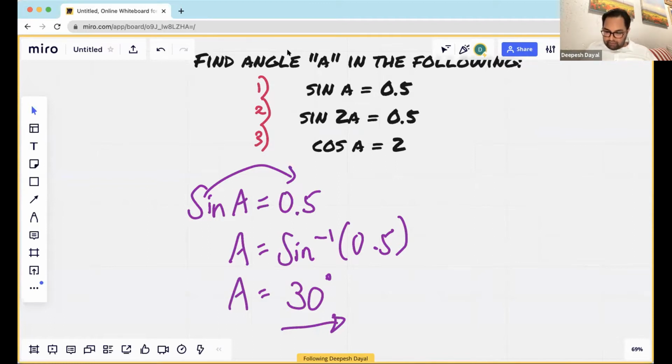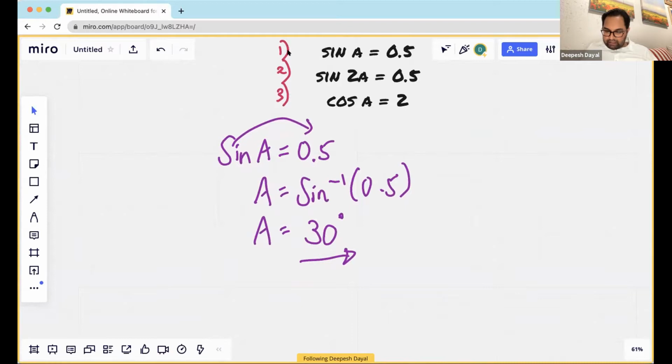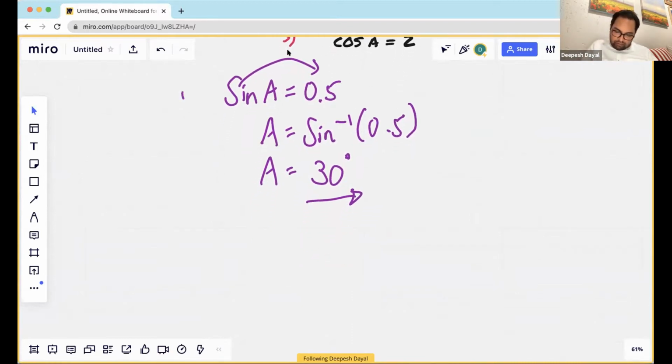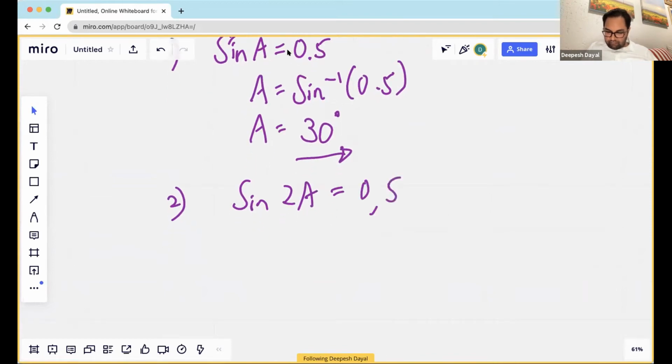Okay, and then number 2, who wants to give me the answer for 2? Tumelo, you've given me an answer there. How do we find 2? So what I first did was I divided sine 2A by 2 and I divided the 0.5 by 2 as well. Okay, so Tumelo, very importantly, we can't just divide this by 2, right?